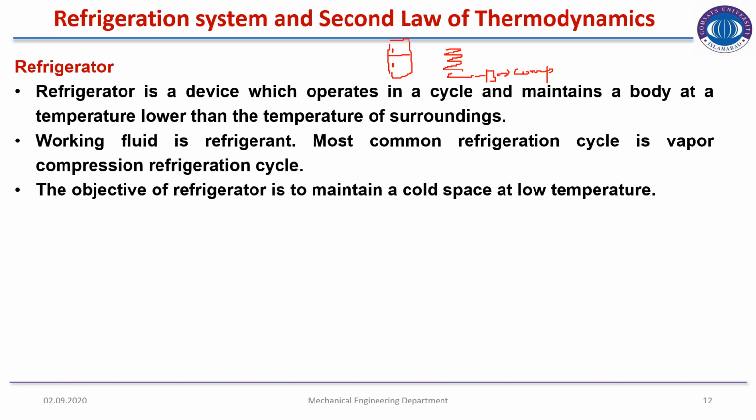The compressor will increase the pressure and temperature, and the high temperature, high pressure fluid, that is a special kind of refrigerant, moves in the condenser coil. So heat will be rejected to the ambient air.